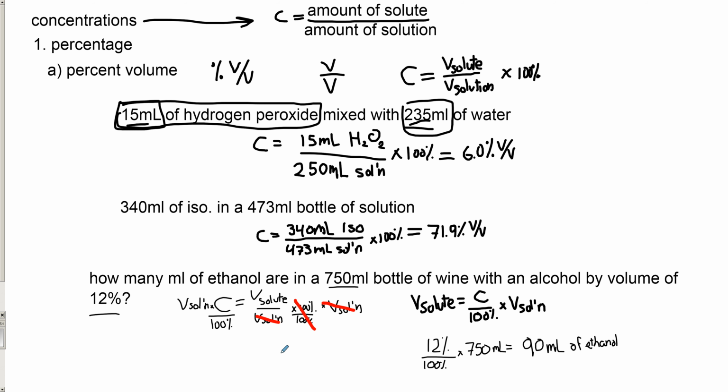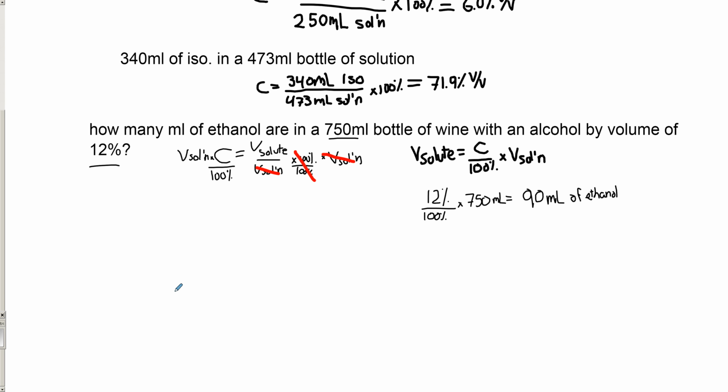So the next kind of percent is called percent weight by volume. And yes, again, this is something that in chemistry we don't see very often in real life. It is used for consumer or household products.